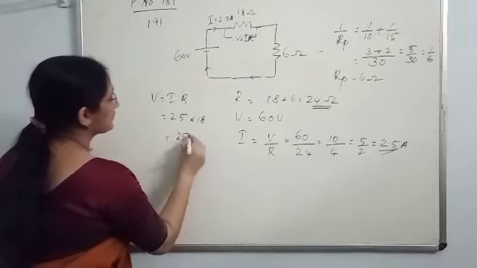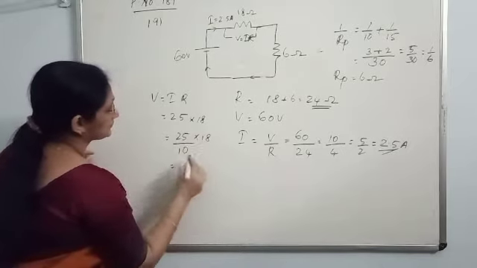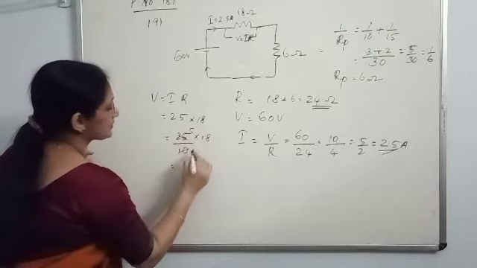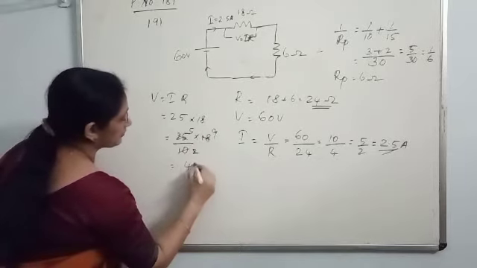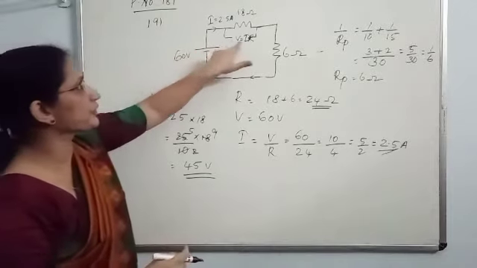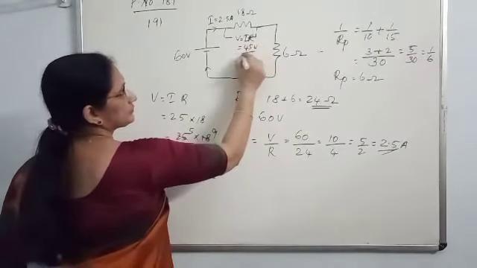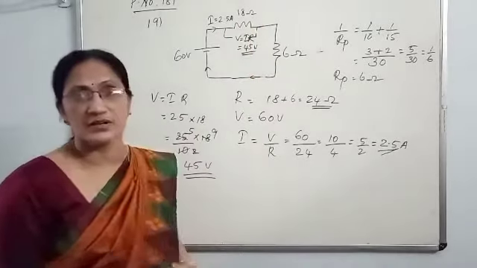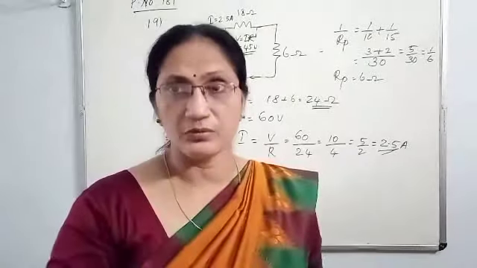That means 25 by 10 into 18. 5 times, here 2 times, here 9, 45 volt. Out of 60 volt, 45 volt will be available here. To this 18 ohm resistor, the potential difference available is 45 volt.